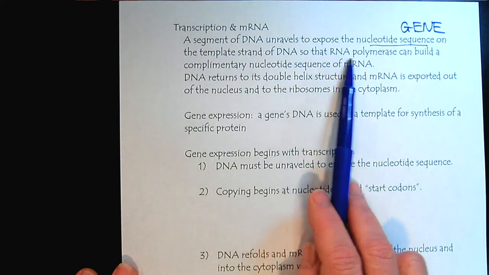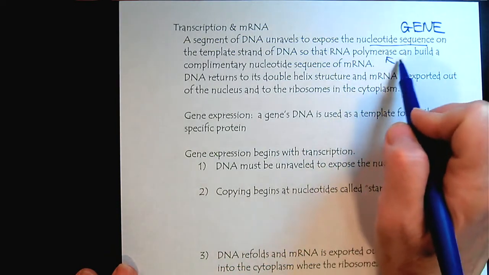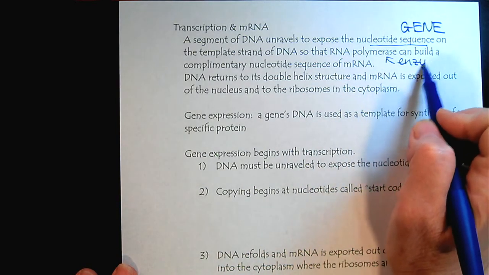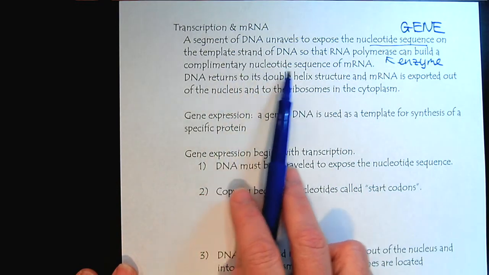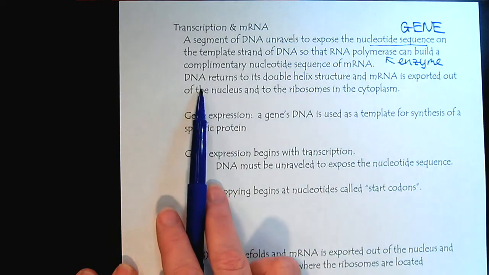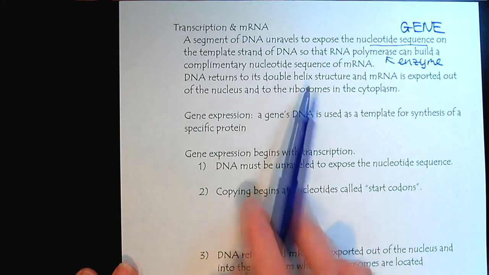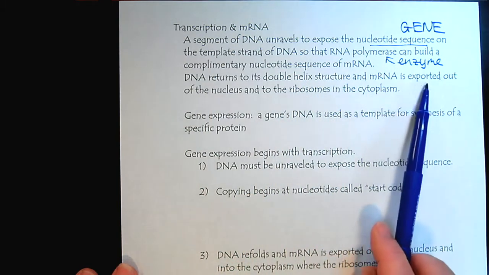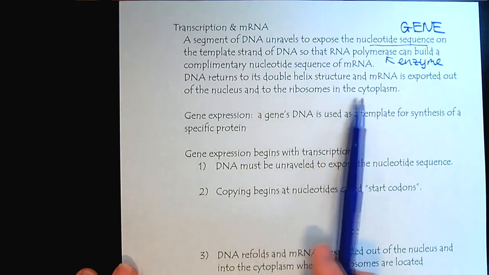So then the RNA polymerase, which we recognize as another enzyme, can build a complementary nucleotide sequence of messenger RNA. The DNA folds back up. It's shared the information it needed to share. And now the messenger RNA can be exported out of the nucleus and can travel to the ribosomes in the cytoplasm.